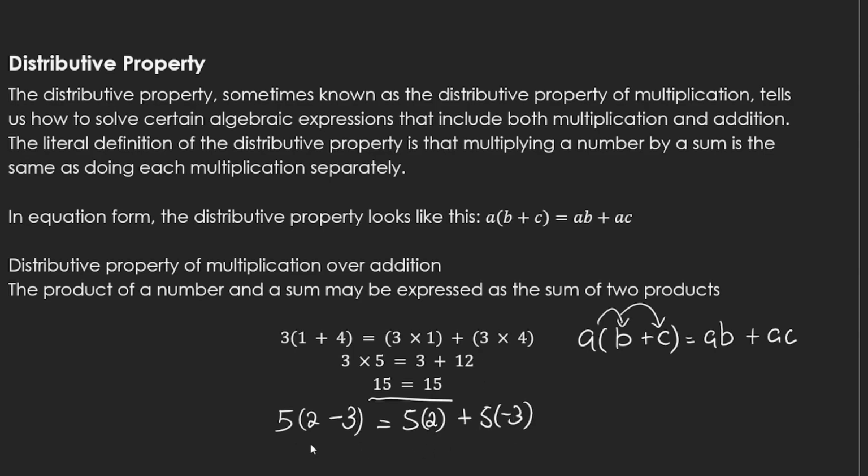Using order of operations, 2 minus 3 is negative 1, and 5 times negative 1 would give us negative 5. Is it the same as saying 5 times 2 plus 5 times negative 3? 5 times 2 is 10, 5 times negative 3 would be negative 15. 10 minus 15 would give us negative 5. So it gave us the same result.